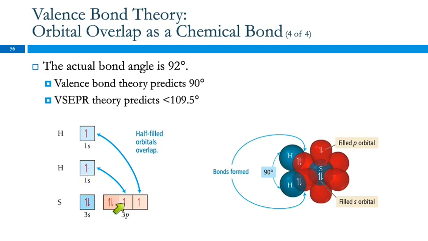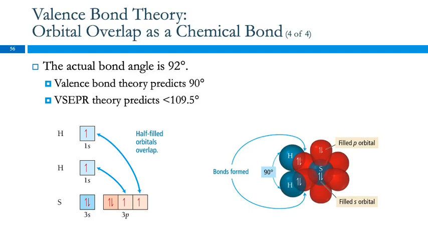And so we say, well, this half-filled orbital could overlap with that half-filled orbital, and those electrons could pair up. This would be a good thing. And this one can overlap here, and they'll pair up. And so what we're illustrating here is, here's the sulfur, and this blue is the s orbital, the 3s, and the red ones are the p orbitals.